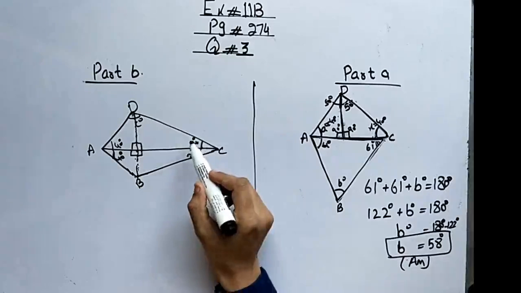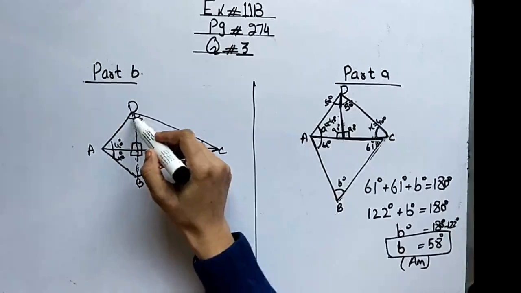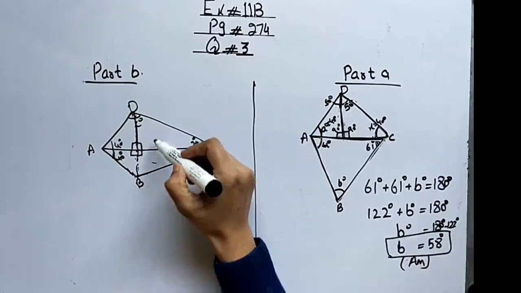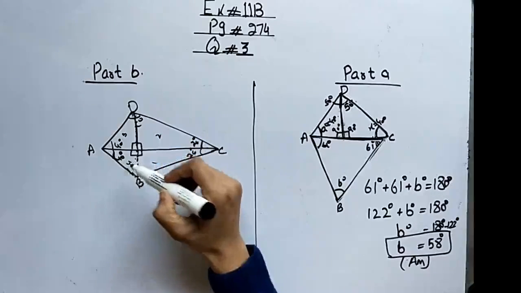Fine. Okay. Now first look here, there are four triangles being made: 1, 2, 3 and 4.